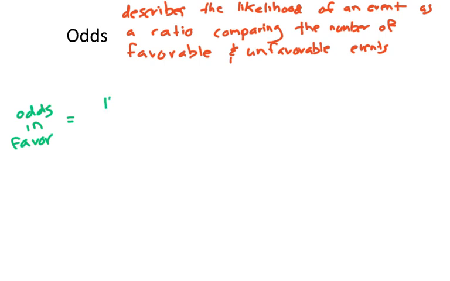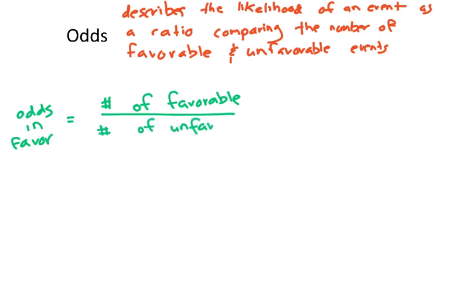and the odds unfavorable would be comparing the number of favorable outcomes to the number of unfavorable outcomes. So this is a little bit different than probability, as in probability, we would compare the number of favorable to the total possible instead of the number of unfavorable.